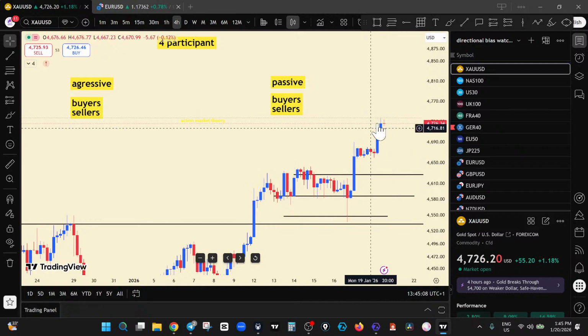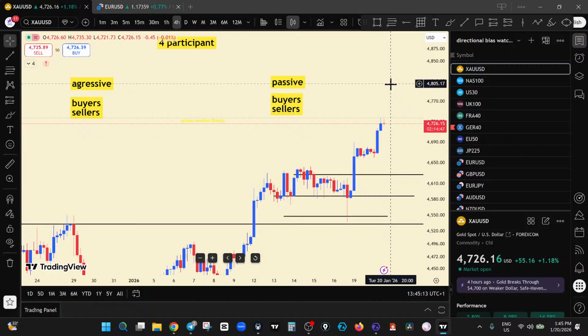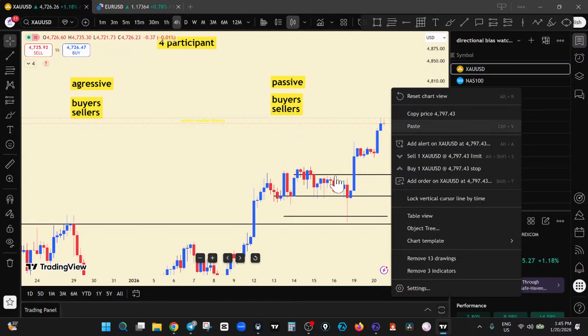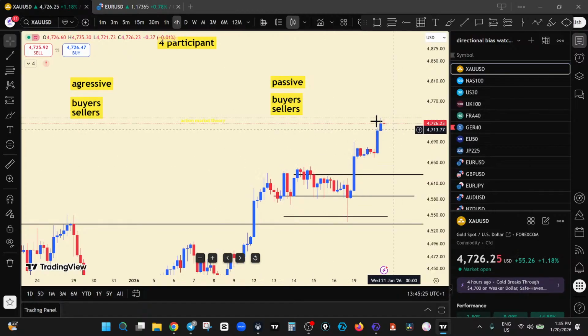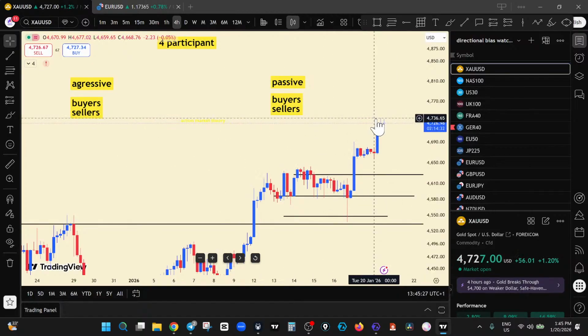Let's say at this level, we keep buying aggressively, but price does not move. So what is happening? I thought aggressive buyers moved the market. That means there's a big sell limit around that base. So you have to understand the market. All right, let's move on.